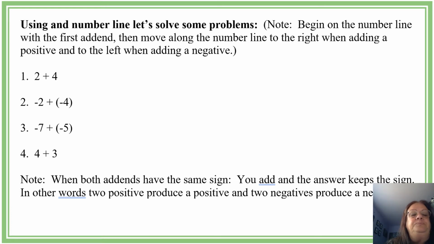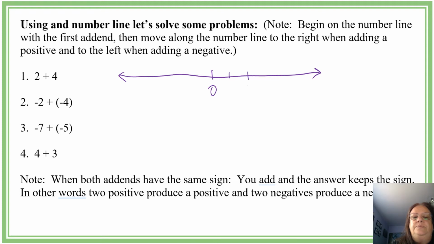Okay, so using the number line, let's solve some problems. Note to begin on the number line with the first number, or addend. So we're going to start at 2. Let's switch to a different color to make it more obvious what we're doing.